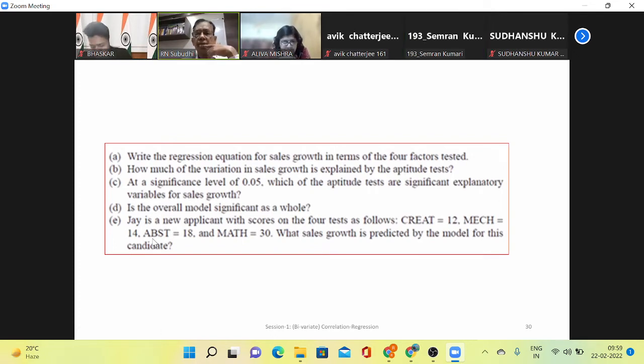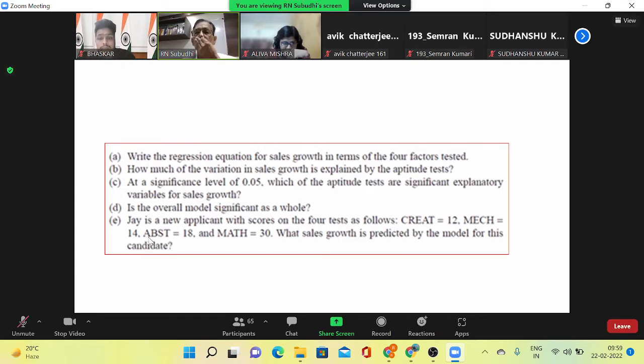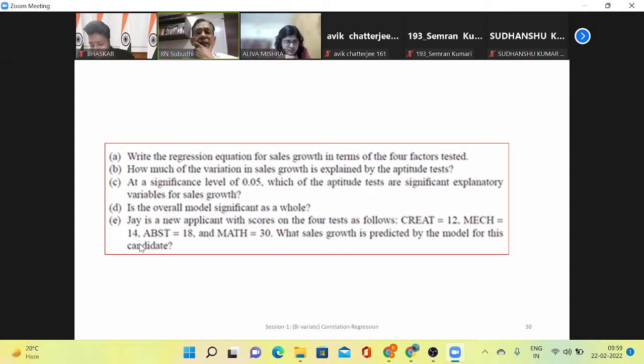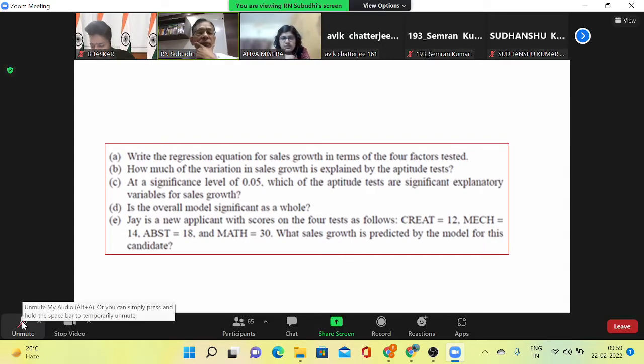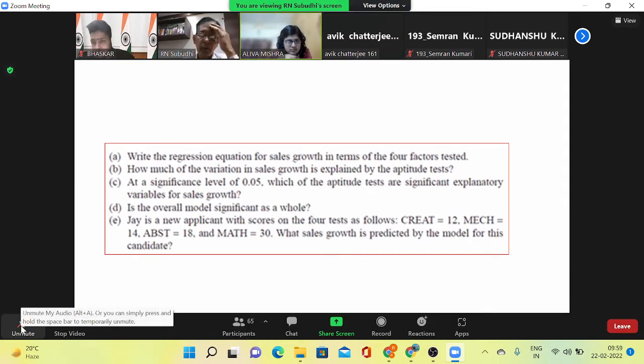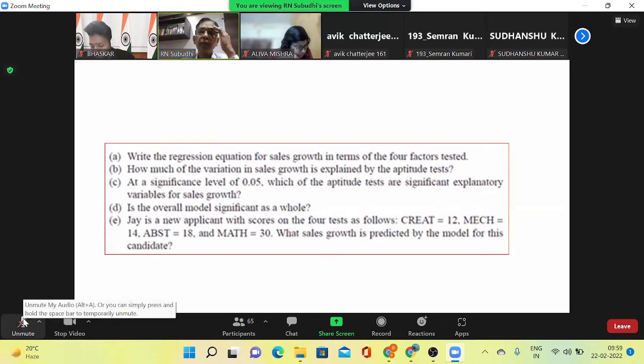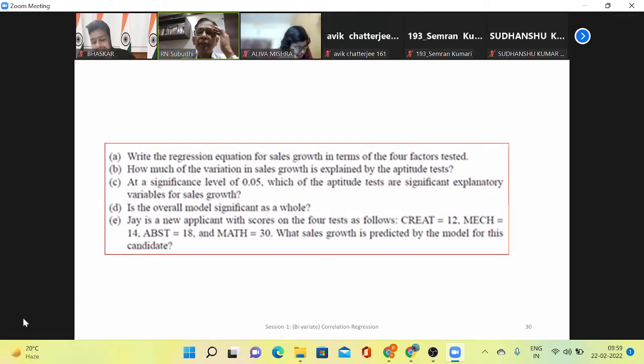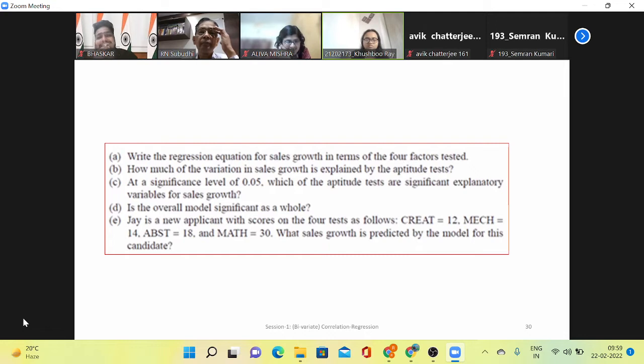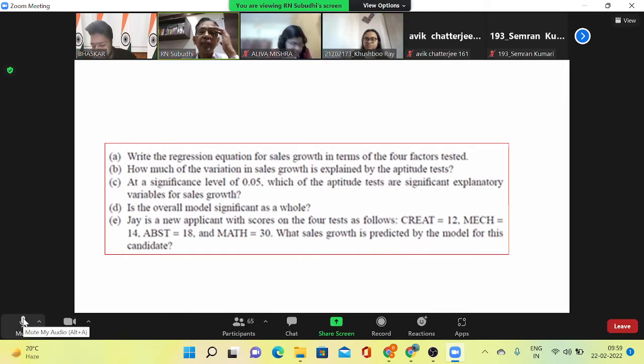Anybody who can tell us simply what the meaning of the second bit is? Sir, we have to find the variance of the aptitude test. Wrong. Whoever says variance, note their roll number, give minus 1. Who said R square? Good, very good.